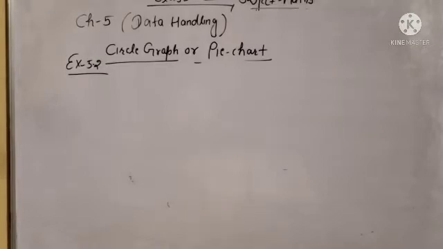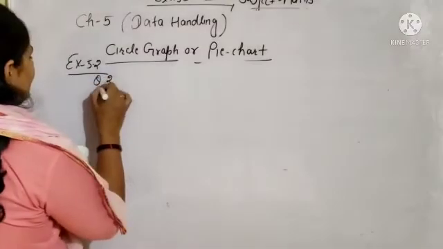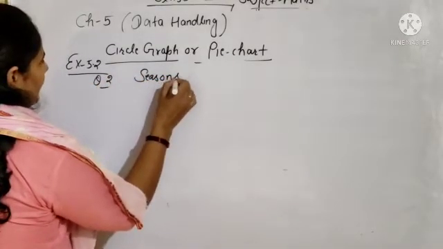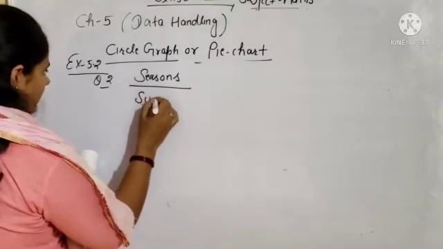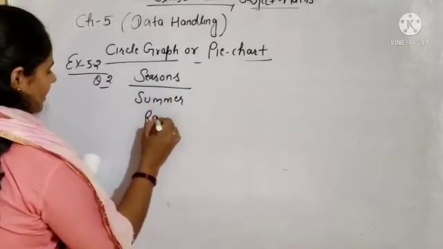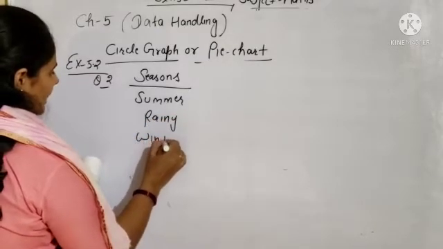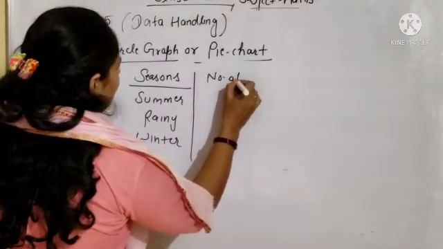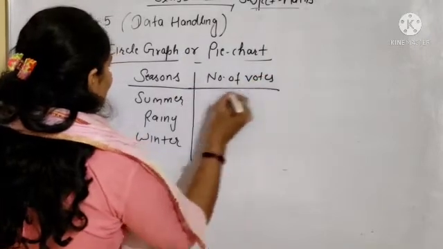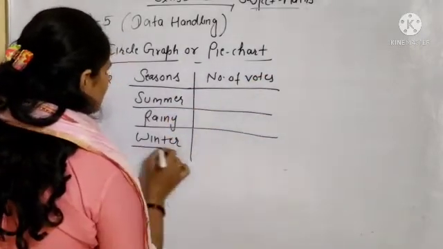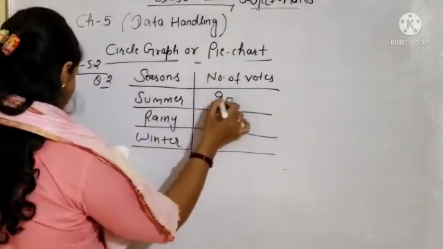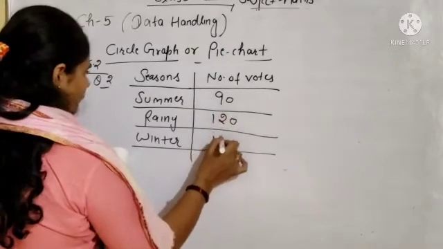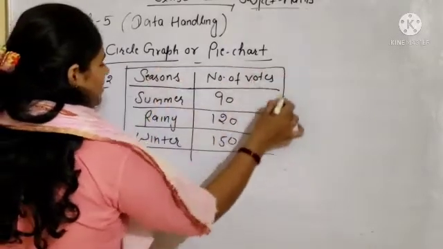Total how many people are there? A group of 360 people. Three seasons are given: summer, rainy and winter season. And the number of votes: number of votes of summer season 90, 120 and 150. Clear? So this table is given.